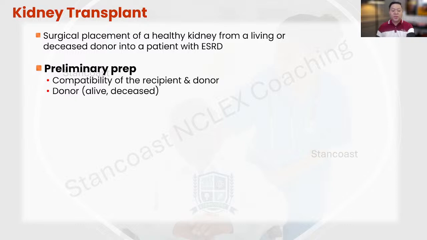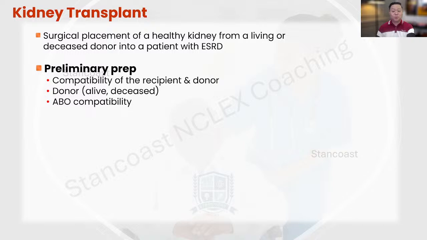There will be some compatibility testing. It could be the evaluation of the blood type between the donor and the recipient, and also histocompatibility, which covers human leukocyte antigen and also minor antigens. This is going to determine the likelihood of successful transplantation without any rejection.